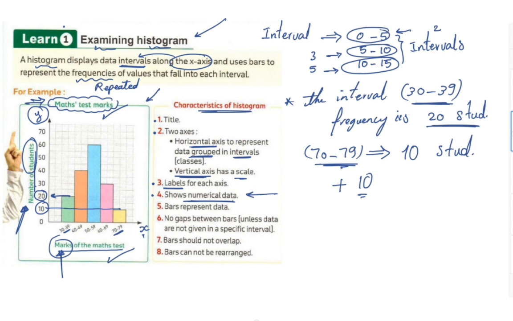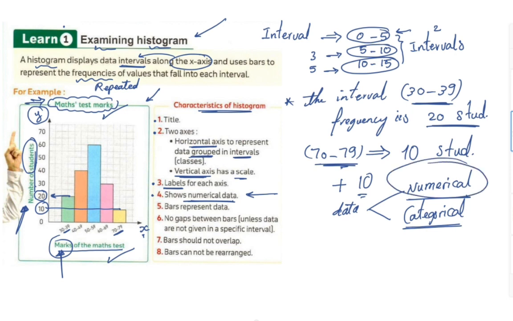We know that we have two kinds of data, maybe numerical or categorical, from the previous lesson. So a histogram deals with numerical data, no categorical data, no color, and so on. Weight is numerical, no color.